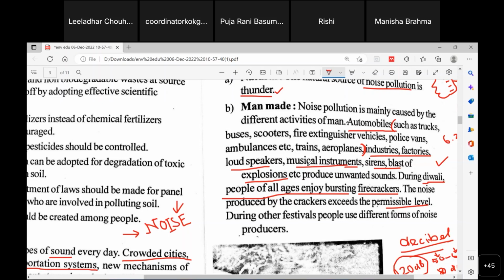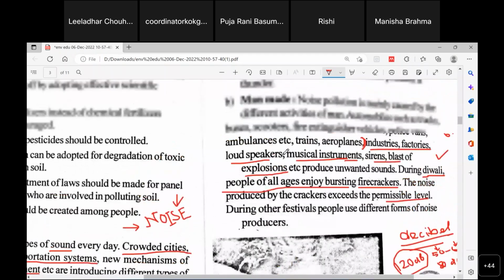For example, we can use some laws also. For example, in front of schools we should put no horn zone, no horn. In those cases we can have legal aspects also coming into picture. So noise pollution can be controlled.